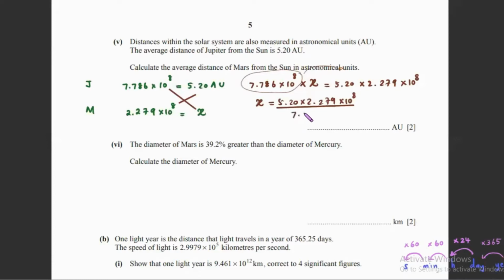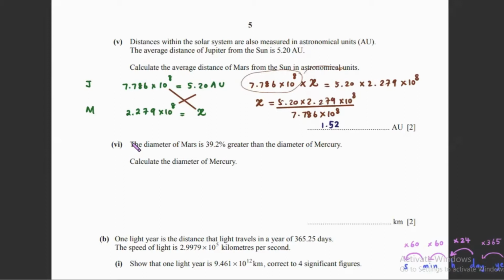So divided by 7.786 times 10 to the power 8. So when I do the division here, I will get the value of x, which is the average distance of Mars from the Sun. And in this case, the distance will be given in astronomical units. So when we put this in the calculator, we'll get the answer, which is equal to 1.52 astronomical units. This is the value of x.